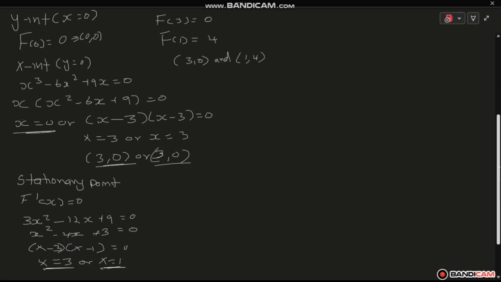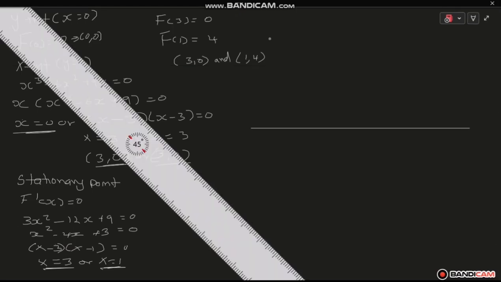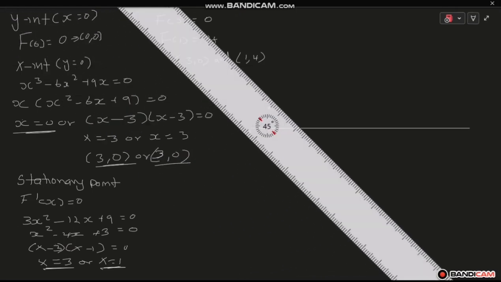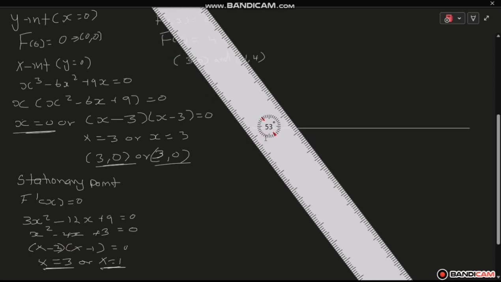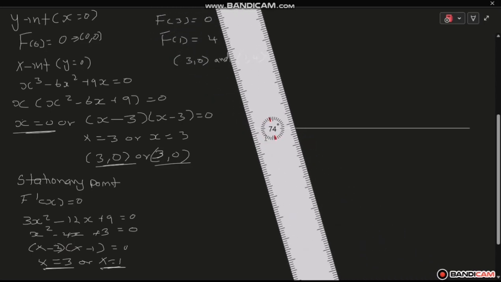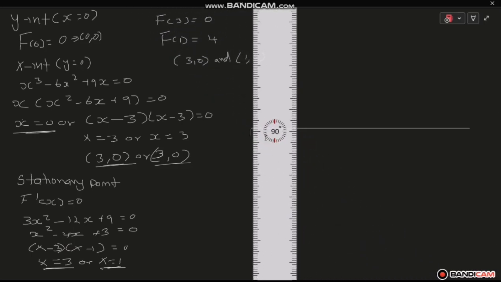Then we can sketch our graph. Remember, for the y values of a cubic function, do not substitute the x values into the derivative but into the original graph. Note that. Let me try to use the ruler so that I can draw my line straight, so that it can be nice.